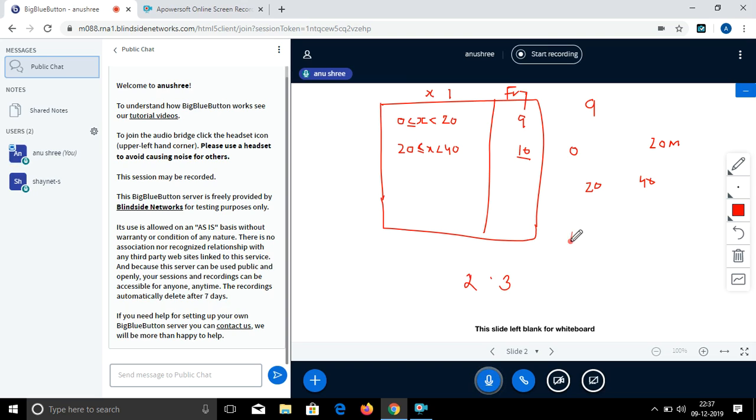That means for the people whose weight is from 40 to 50, there are 4 people. Then from 50 to 60, there are 7 people. So tabular data is well arranged, and the calculation of mean, median, mode is different for tabular data. Is this clear? Okay.